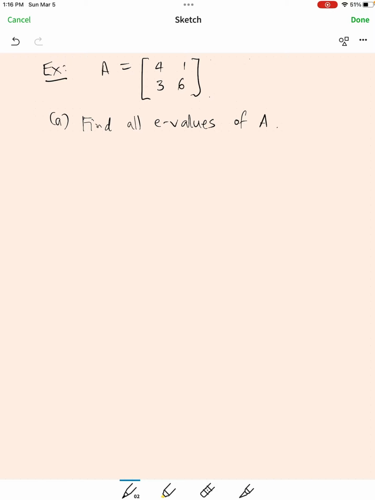All right, well, let's do that. First, we need the characteristic polynomial. Well, the characteristic polynomial of a 2 by 2 matrix is really easy because we have the formula. It's just lambda squared minus the trace, the sum of the diagonal entries. So 4 plus 6 is 10, so minus 10 lambda, and then plus the determinant. That's 24 minus 3, which is 21.